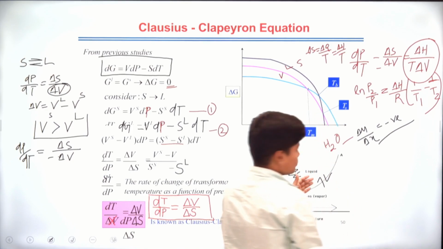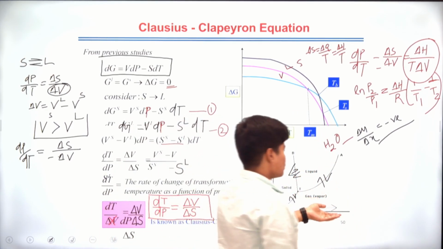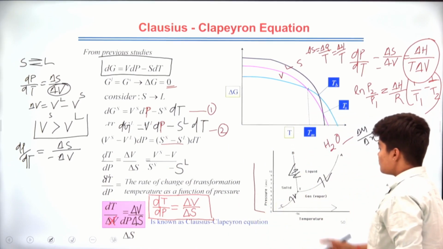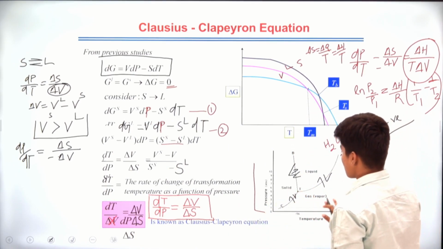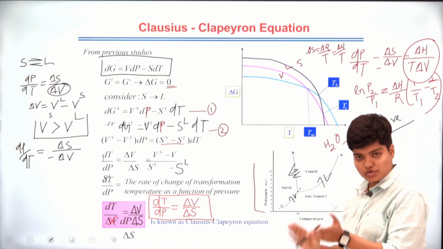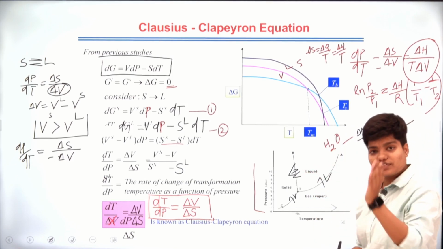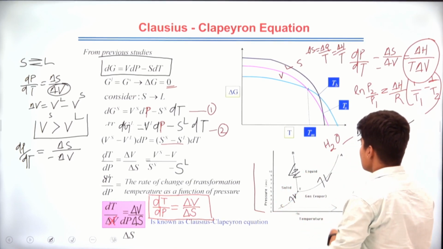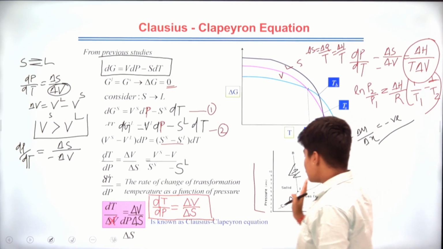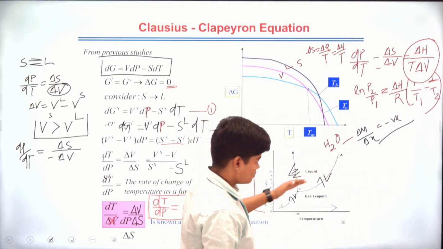Because the entropy change is positive and the volume change is also positive. For sublimation, the volume of gas will be greater than the volume of solid, and for vaporization, liquid to gas, the volume of gas will be greater than the volume of liquid. This way we can derive why the slope is negative here and positive in the other two cases.